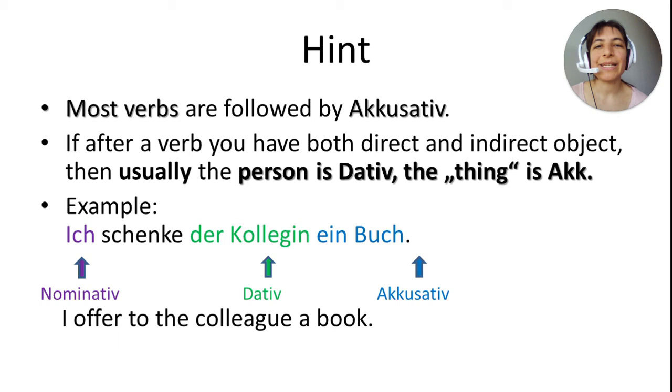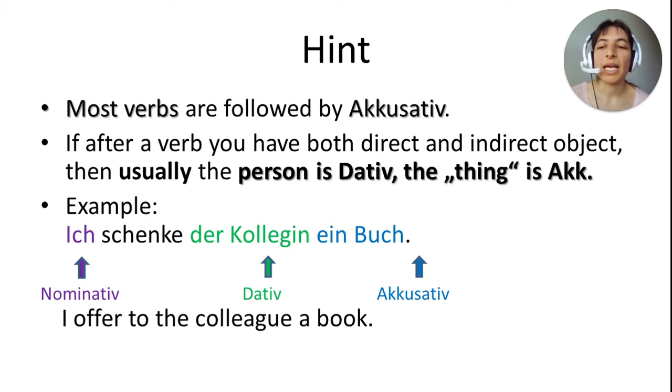Another hint is that most of the verbs are followed by accusative, but some require both accusative and dative. If there's a verb that needs both cases after itself, then in most cases the person is in dative, the thing is in accusative.